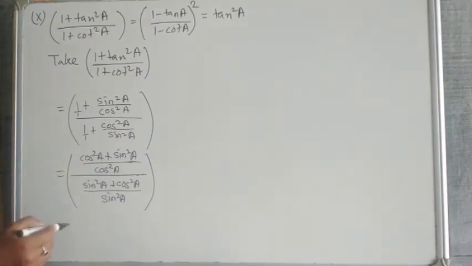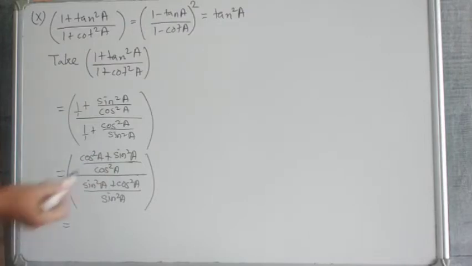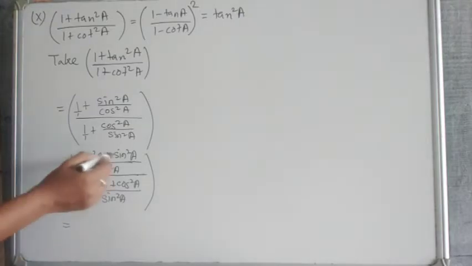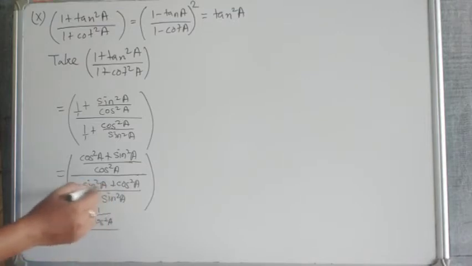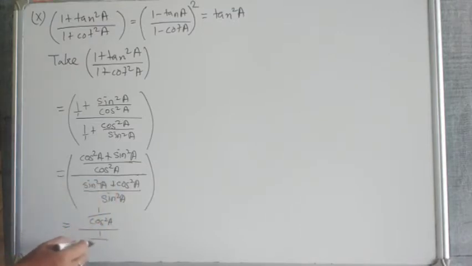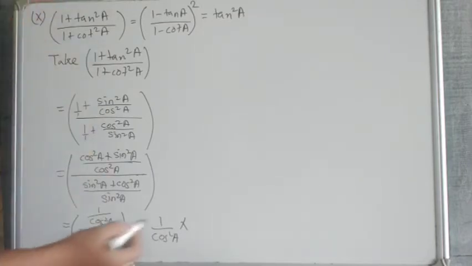Now this is sin square A plus cos square A, is it or not? So sin square A plus cos square A is equal to 1. So it will become 1 by cos square A, whole by this, which is also sin square A plus cos square A, 1 by sin square A. It will become 1 by cos square A into this 1 by sin square A, which goes upside down, reciprocal.